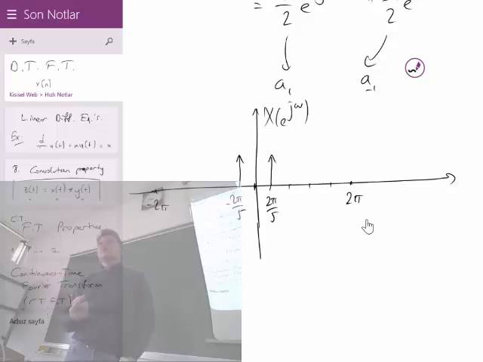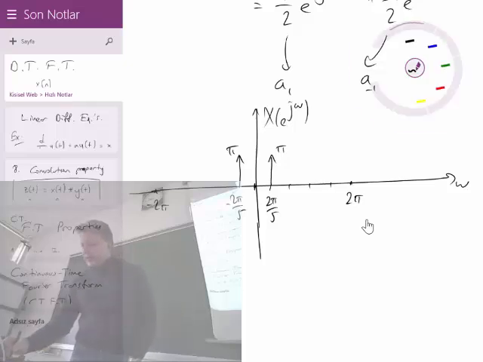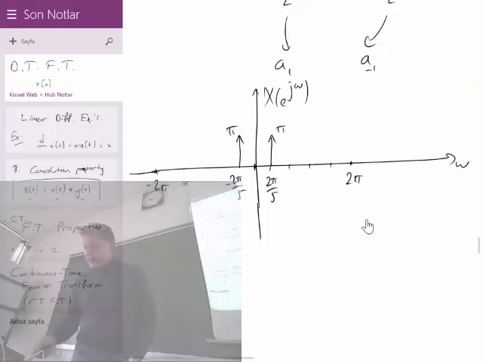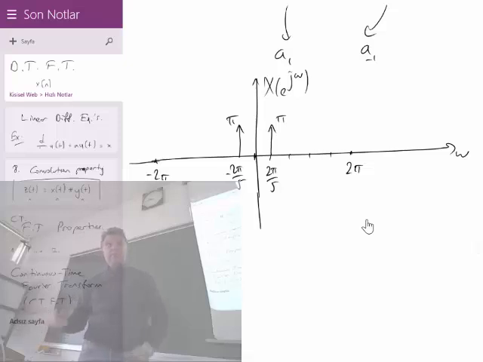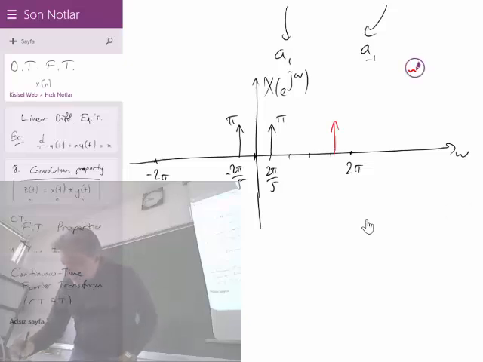The Fourier series coefficients were 1 over 2. So they are pi. Pi and pi on the frequency axis. But of course I'm not finished. From here on I must extend everything to be 2 pi periodic. So let's take this origin symmetric thing around 0 to around 2 pi to around 4 pi to around minus 2 pi, etc. So I need a replica around 2 pi like this.